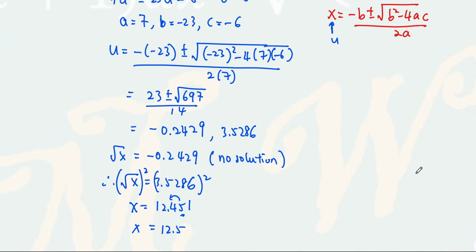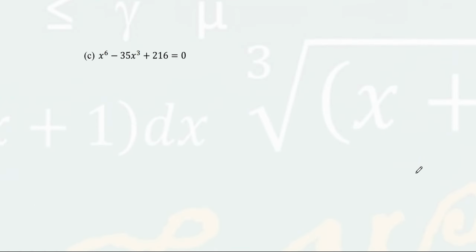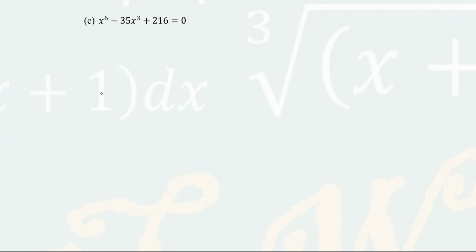Okay, now the next one: x to the power 6 minus 35 x to the power 3 plus 216 equals 0. So again, I know that 6 equals 3 times 2. Therefore, x power 6 is the same as the square of x power 3, because 3 times 2.